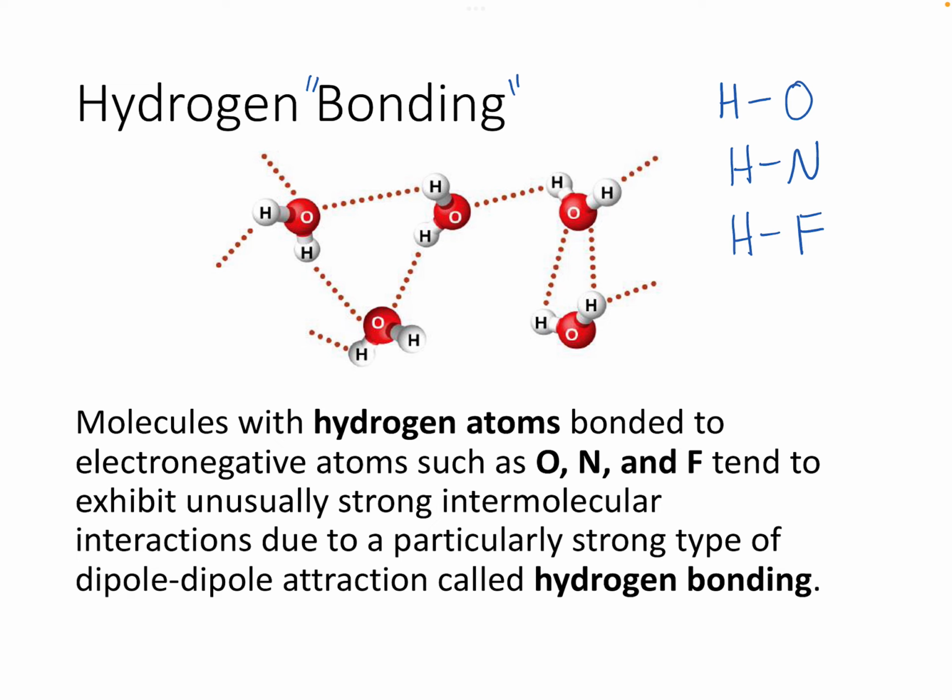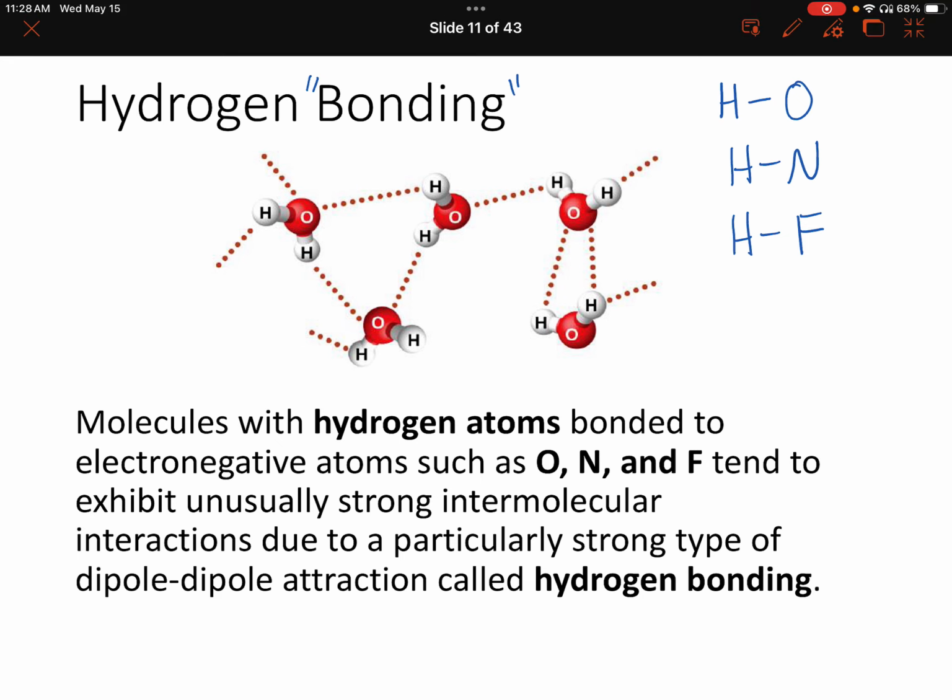So one example is water. Water molecules, of course, have hydrogen and oxygen, and notice that there are these forces that exist between the hydrogen of one water molecule and the oxygen of another water molecule. So this is hydrogen bonding. And the reason for this, we know oxygen is particularly electronegative compared to hydrogen.